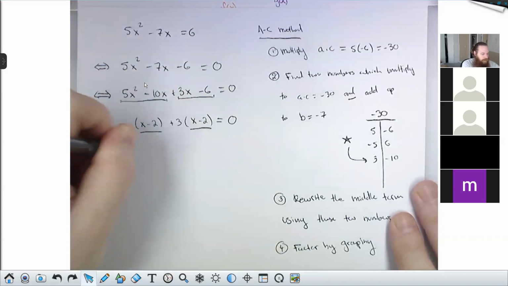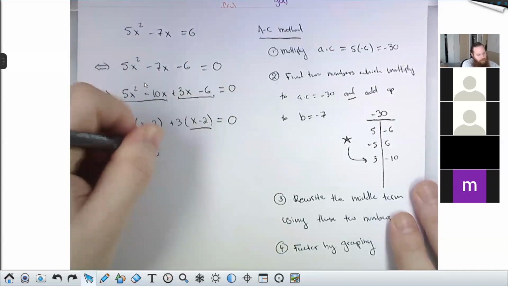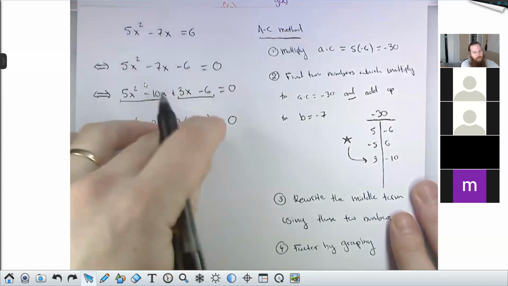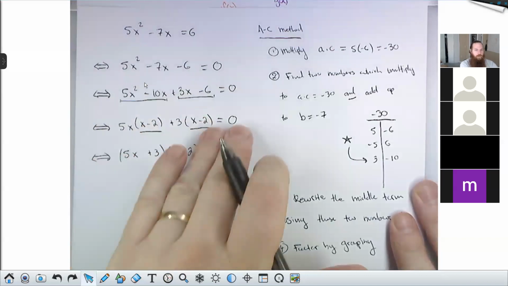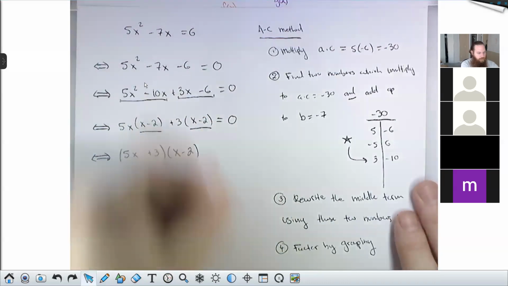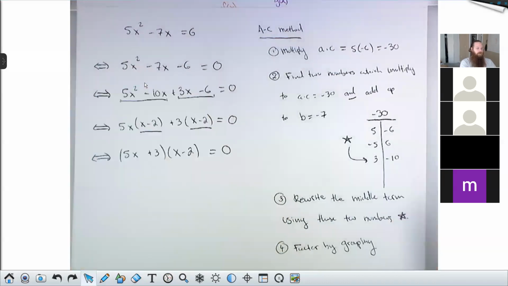So I'll have 5x plus 3 times x minus 2. When I pull these out, what's left is 5x plus 3. And this is all still equal to 0. That's your AC method. It's fairly beautiful, and it's not too hard.